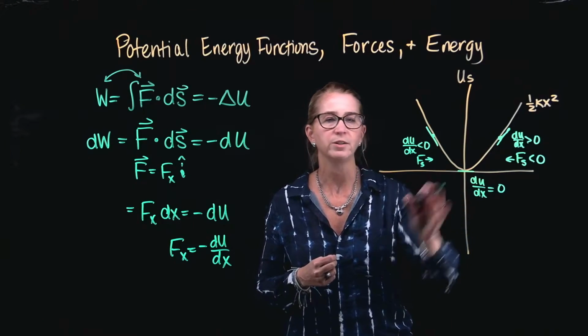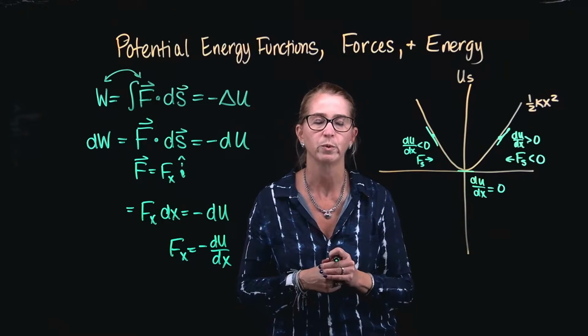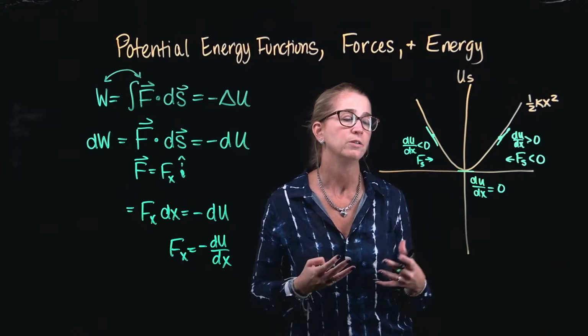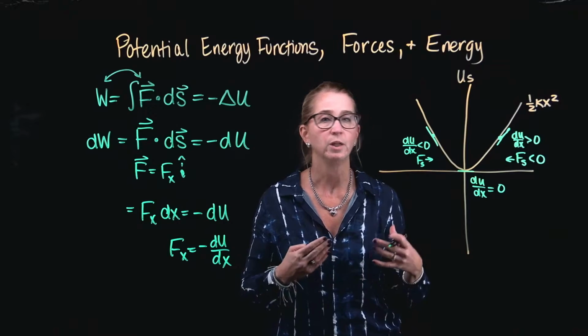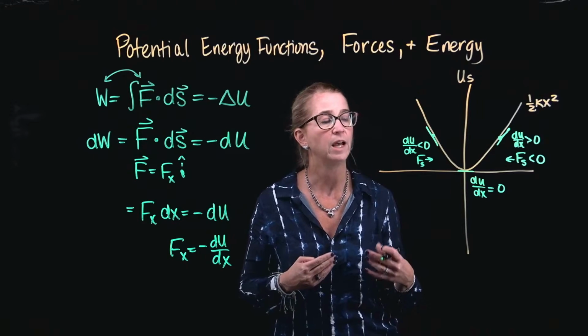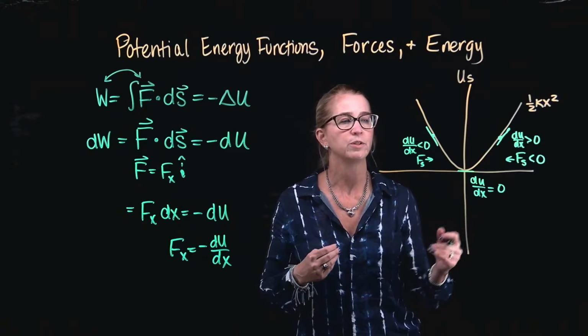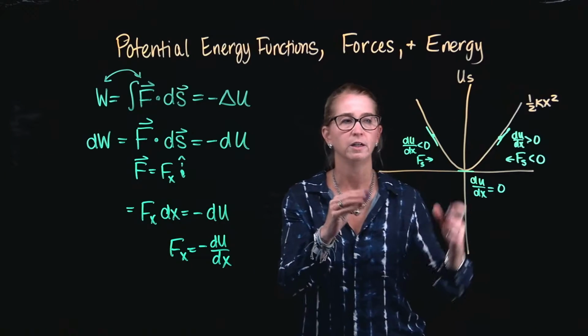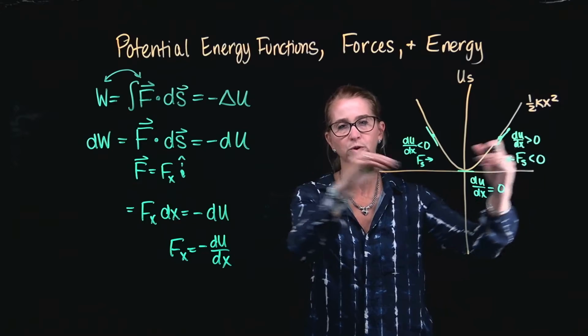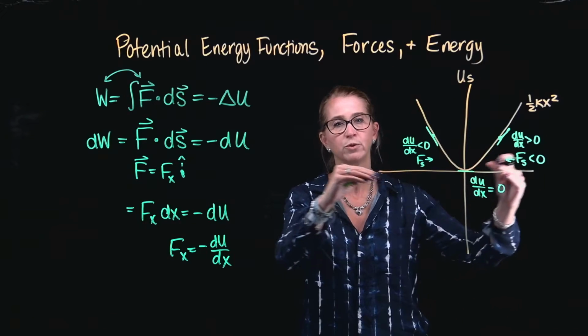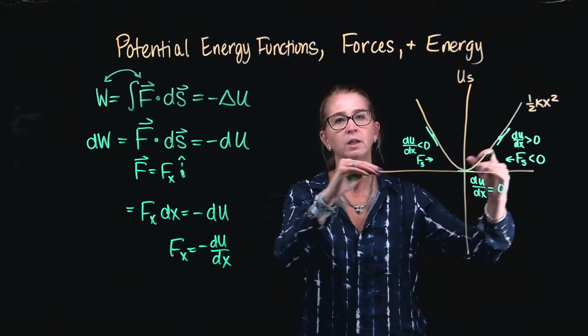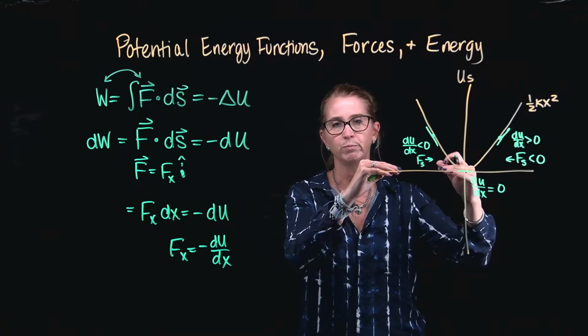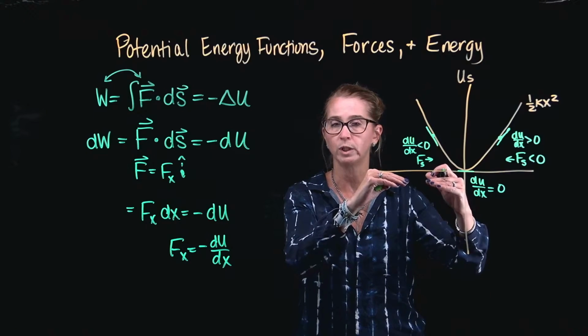So the places on the potential energy function where the slope is 0 are actually where the equilibrium positions are. Now, when the equilibrium position is positioned in a way that on both sides of it, the force is always pointing towards it, that means that in this system, the object is always being pushed towards the equilibrium position.